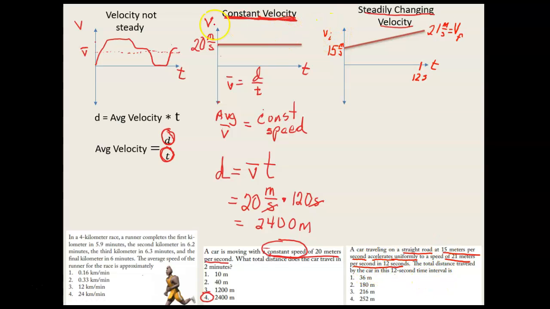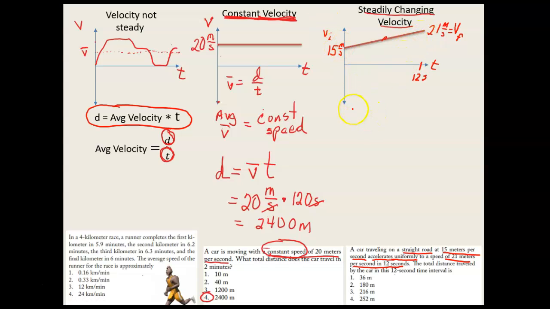Well, we know distance is average velocity times time. So the question is, in this scenario, can we figure out average velocity? And when you're steadily increasing, average velocity is the midpoint between your starting velocity and ending velocity. So we started at 15 and ended at 21. Okay? One way to find the average is basically to add the beginning number and the ending number and divide by 2.